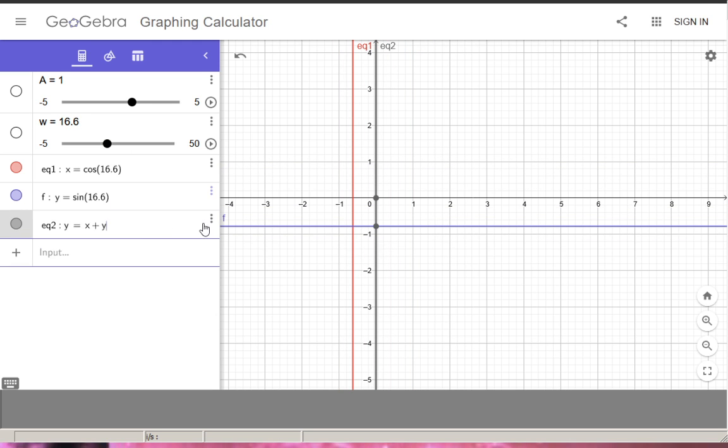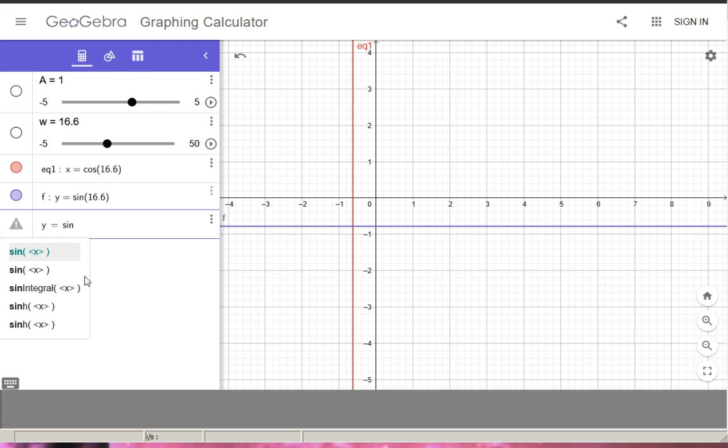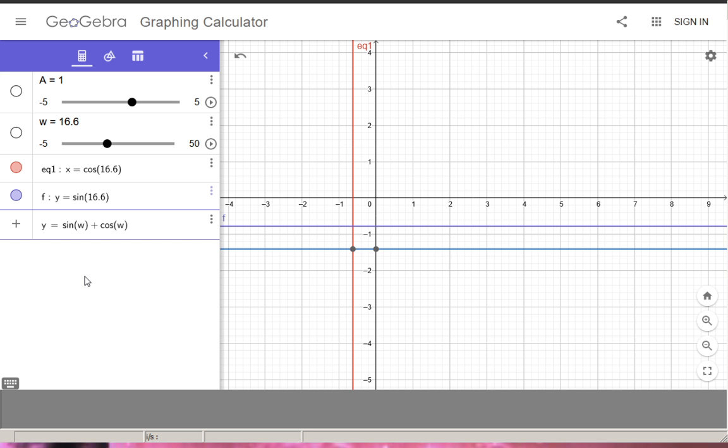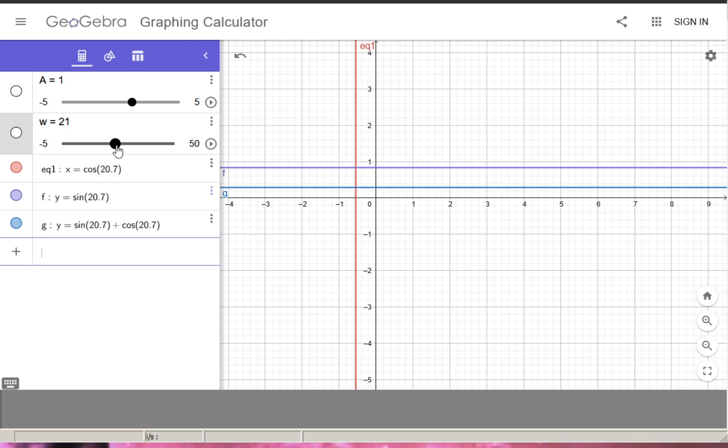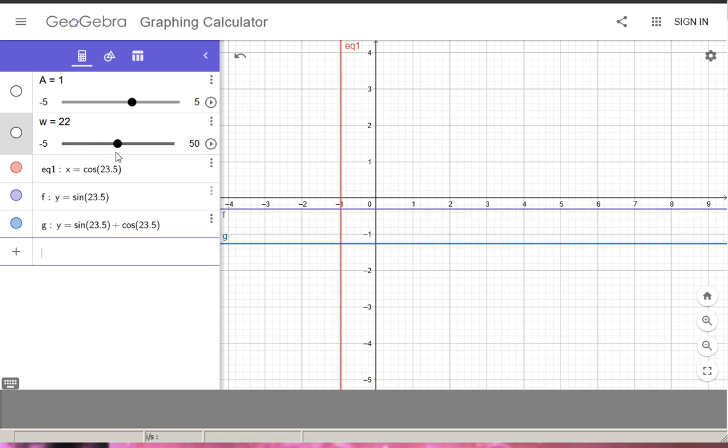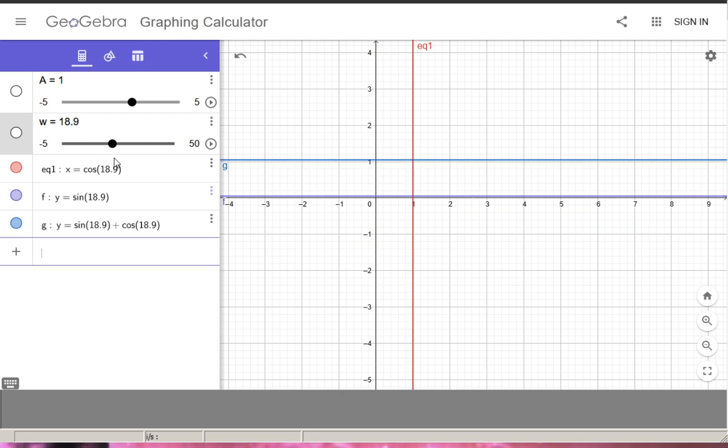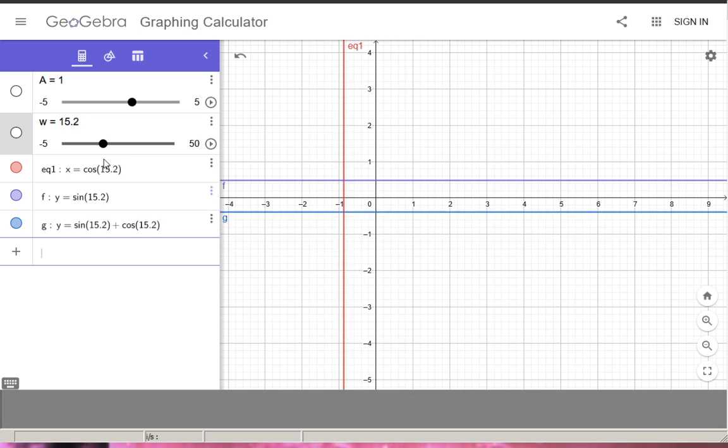No. y equals sine W plus cosine W. No, it's still plotting in that direction.